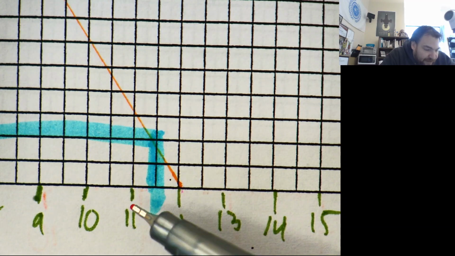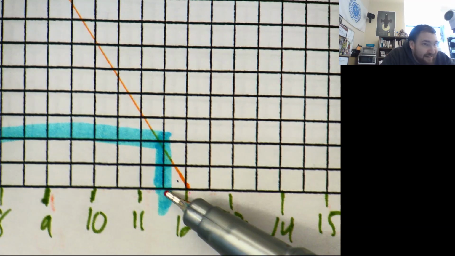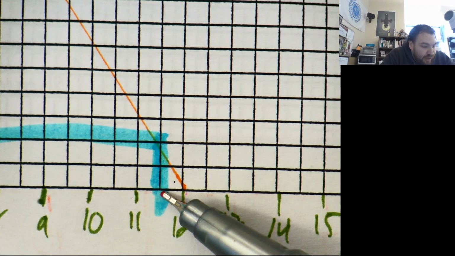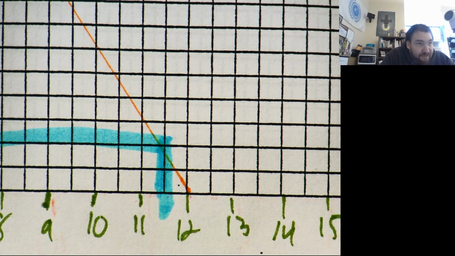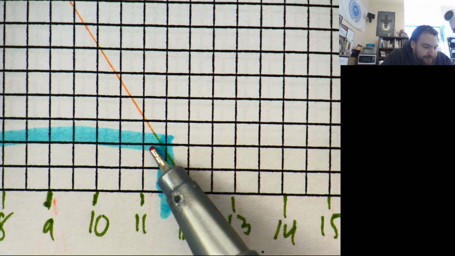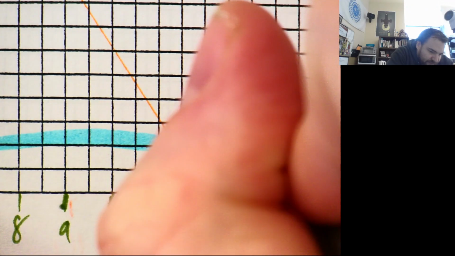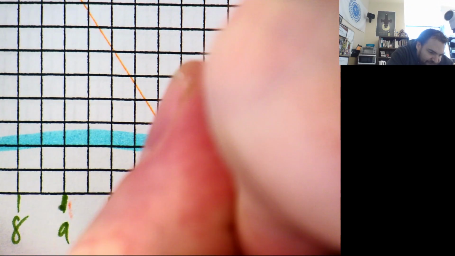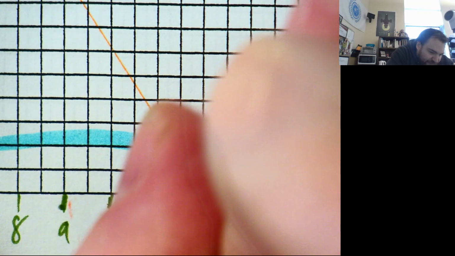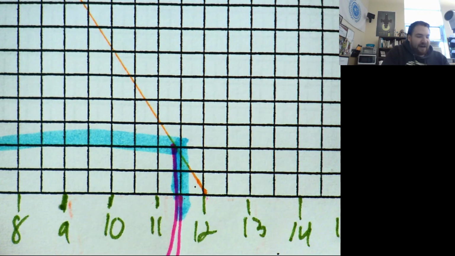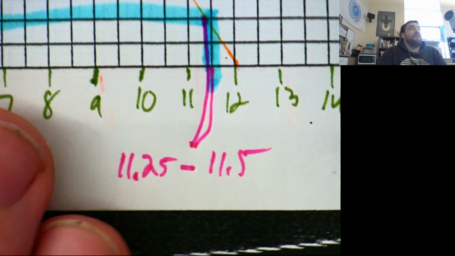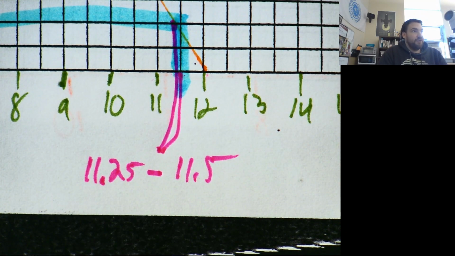But we know it's bigger than 11, and we know it's less than 11 and a half, and we know it's closer to 11 and a half than it is to 11 and a quarter. So this guy is somewhere between 11.25 and 11.5. We know it's not either one of those if you've drawn your graph correctly.